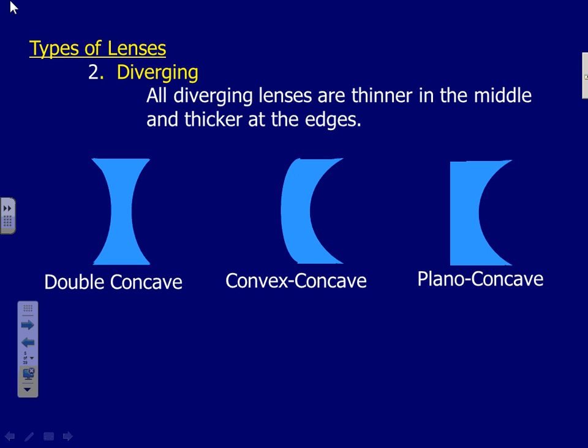Again, every one of my diverging lenses is thin in the middle, thick on the edges. Those people who are nearsighted, that can see near but can't see far, will have lenses like this that are thinner and thicker.